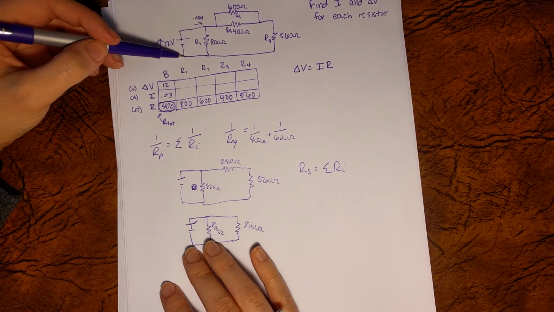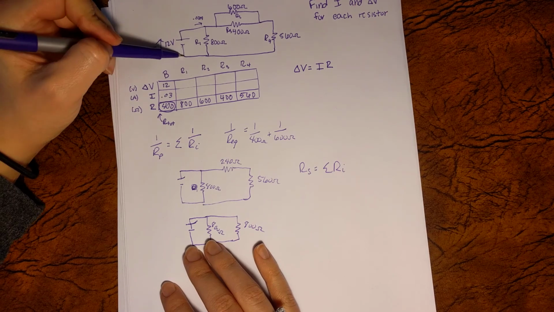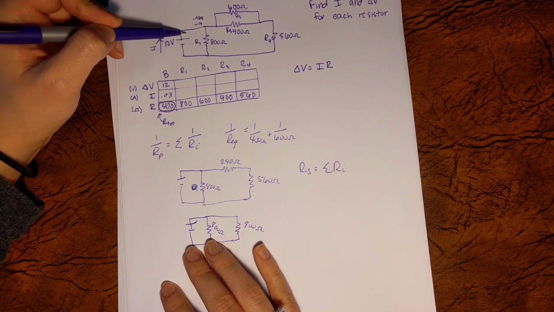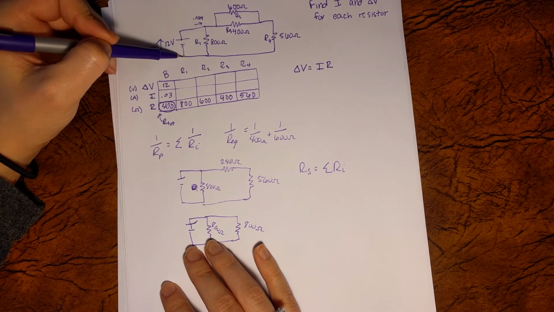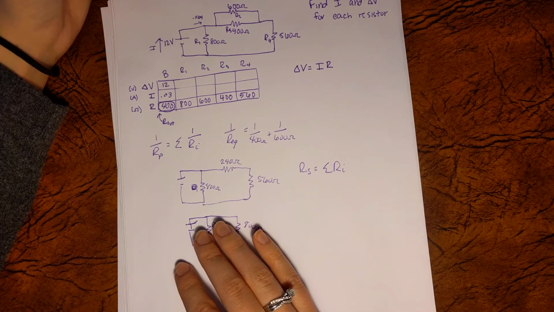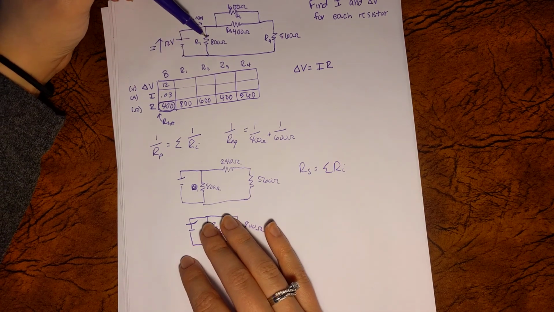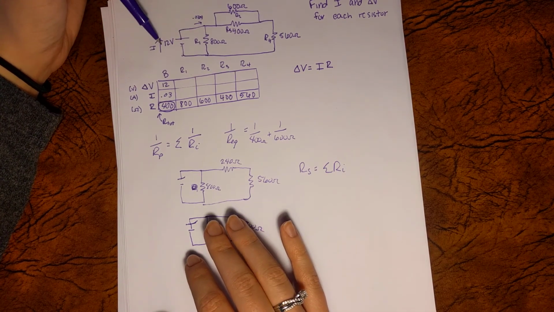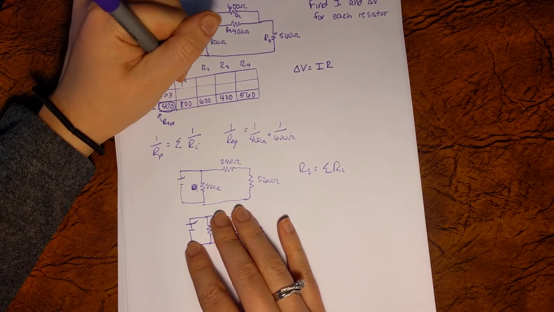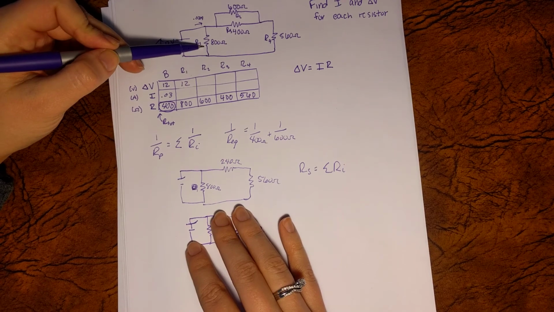Another way of thinking about it is, if we start at this point going upwards, we gain 12 volts, so then we have to lose 12 volts to get back to a change of voltage of 0. So we know we have 12 volts all in that one resistor, so we can label that here. That has a voltage drop of 12 volts.